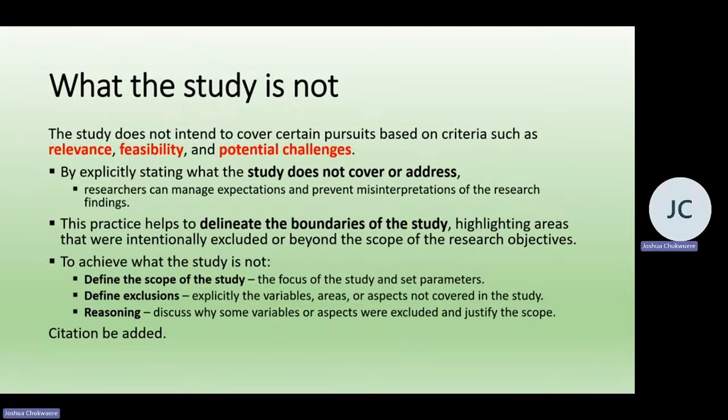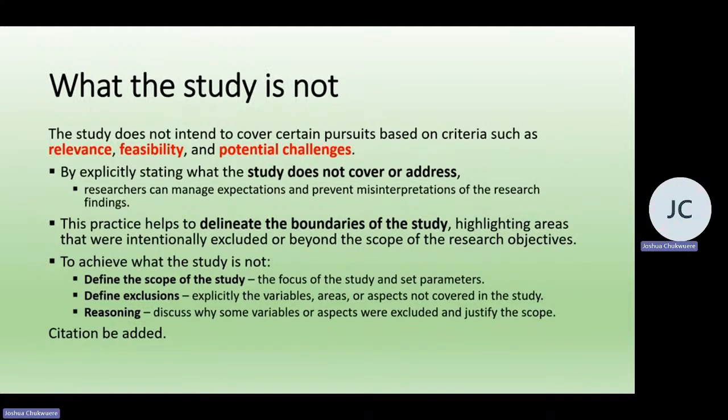Remember, readers have expectations about your study and they expect to see something. But then you're telling them, okay, what you want to see is not what I've done or what I want to do. So judge me based on what I said the study will do, not based on what you think the study should do.